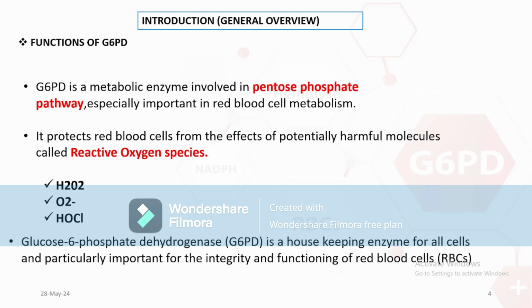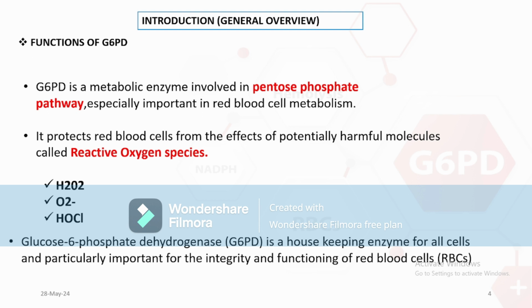What they do is that when they get access to the red blood cell, they attack it, denature it, and release the hemoglobin out, which leads to hemolysis, breakdown of the red blood cell, release of hemoglobin. So these reactive oxygen species are very harmful. They must not get access to the red blood cells.